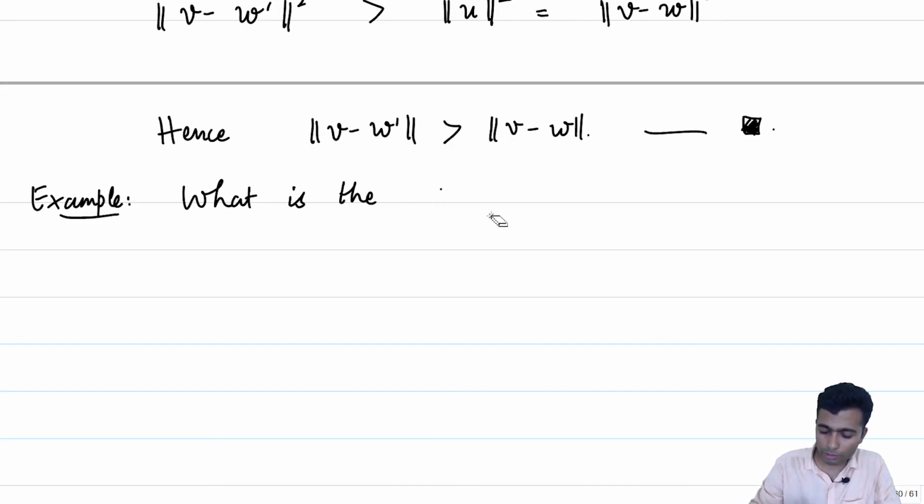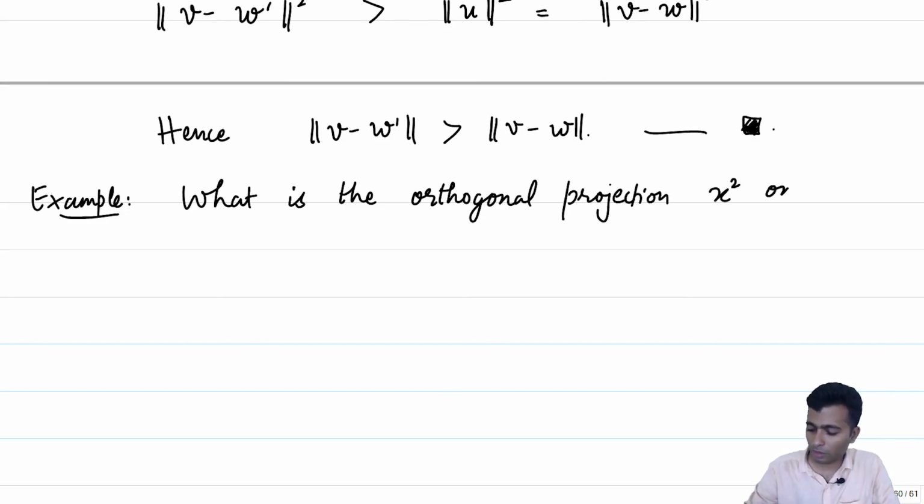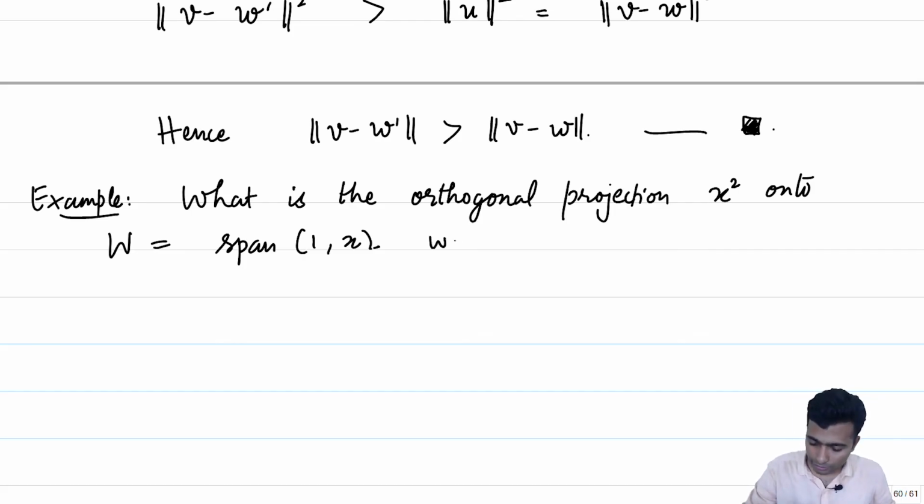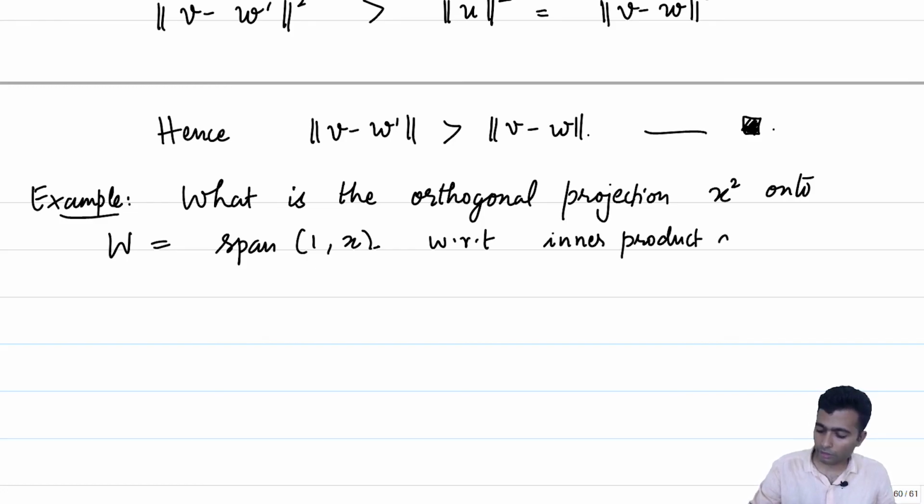What is the orthogonal projection of a degree 2 polynomial, let's pick an easy one, x square, onto the linear approximations, polynomials of degree less than or equal to 1, which is W, the span of 1 comma x, with respect to the inner product given in the example above.